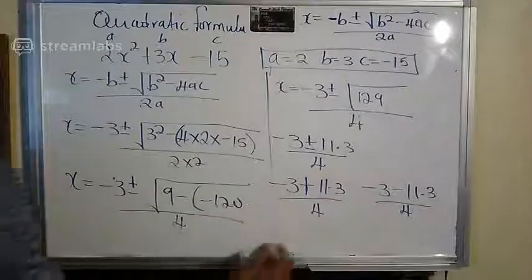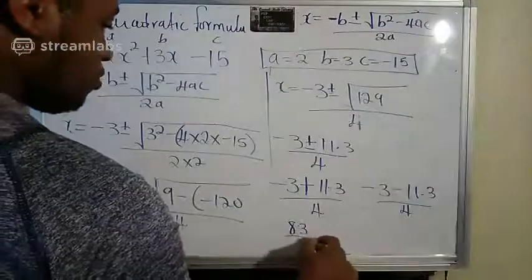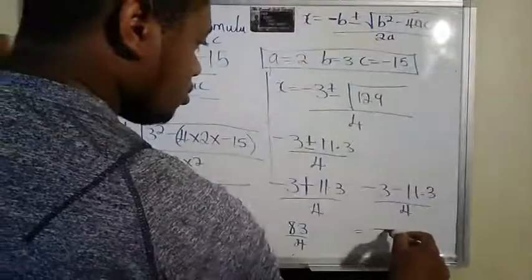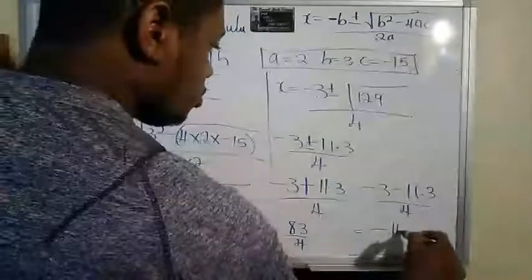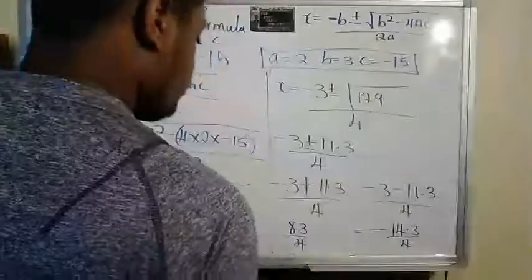So that's 8.3 divided by 4. And then this way, negative 14.3, and both of them are negative, divided by 4.